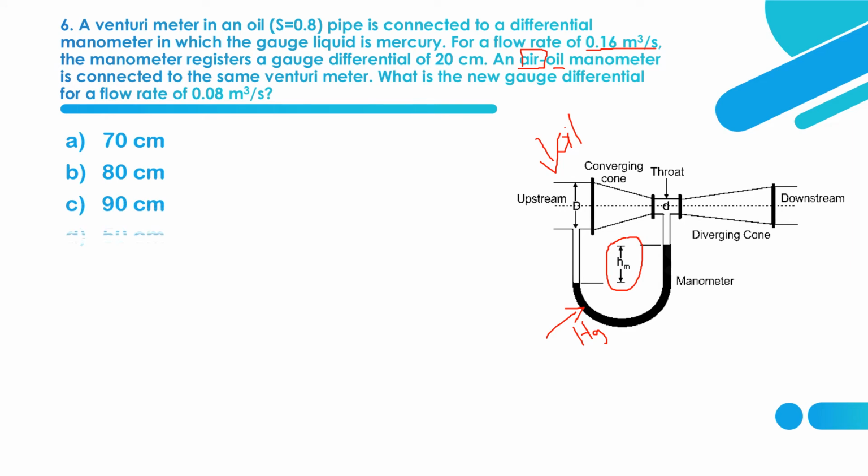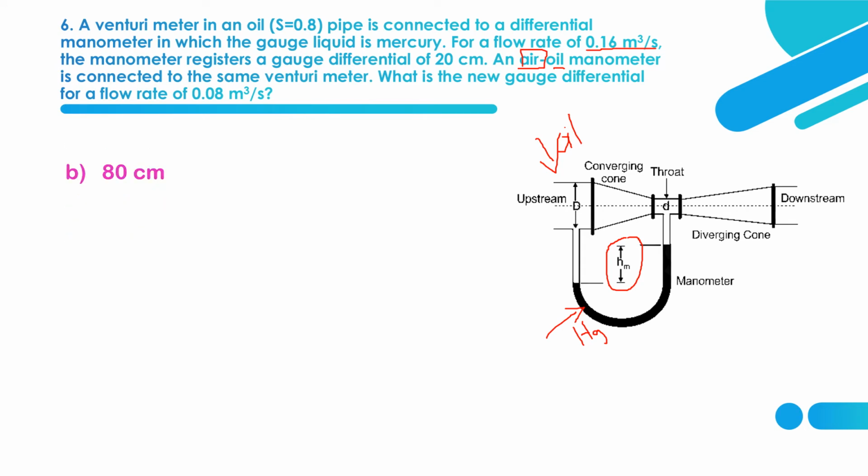The basic principle of Venturimeter is followed here to find the new gauge differential.